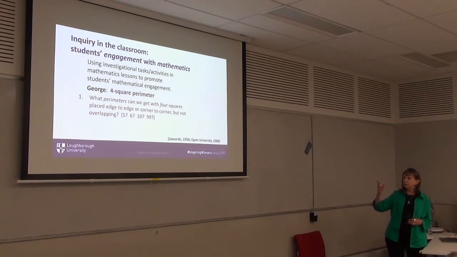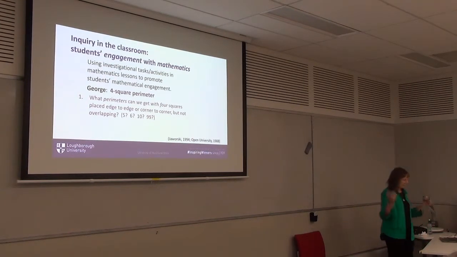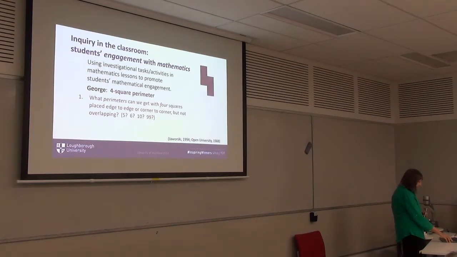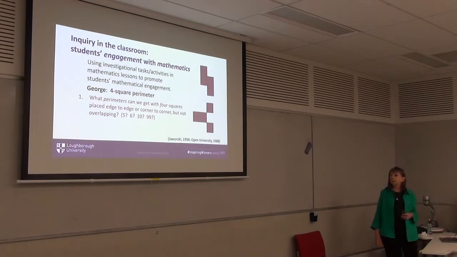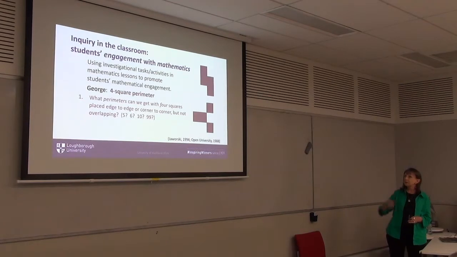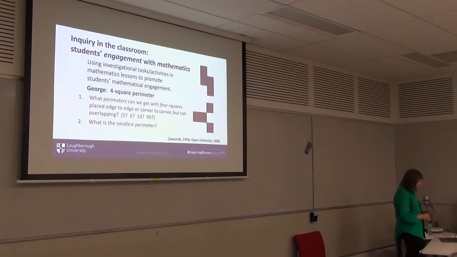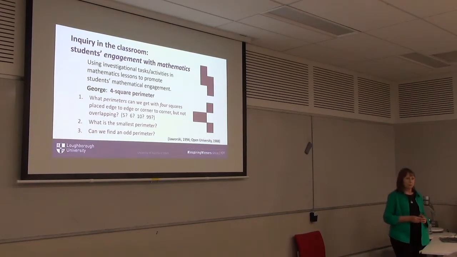And if you've done it for 4, try 5 or 6 or 10 or 99 or whatever. So we're looking at shapes such as that, where 4 squares fit side to side, corner to corner, but not over. And he asked 2 further questions: what is the smallest perimeter, and can we find an odd perimeter?